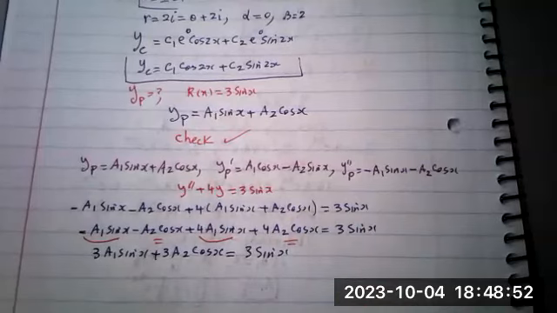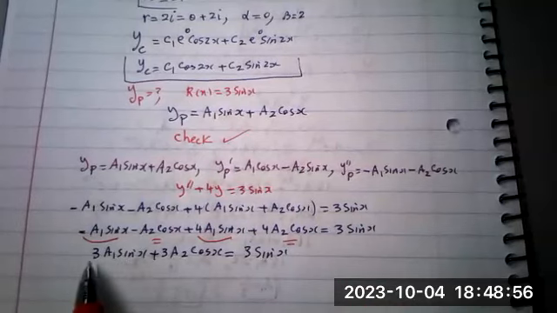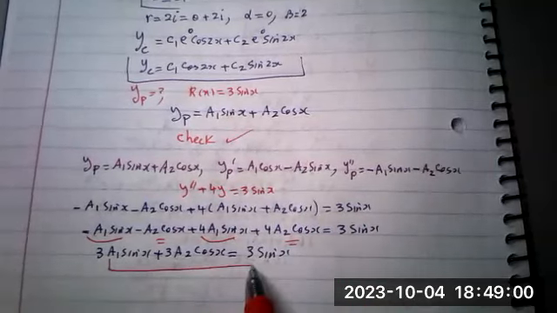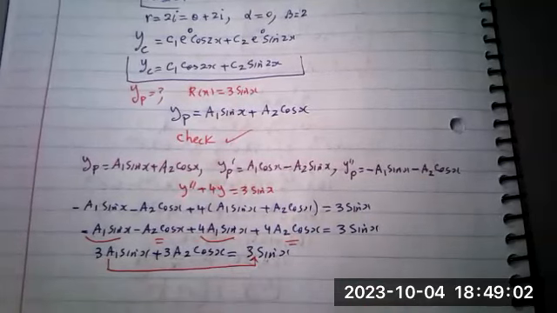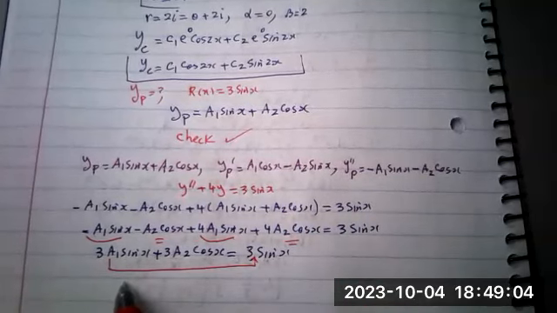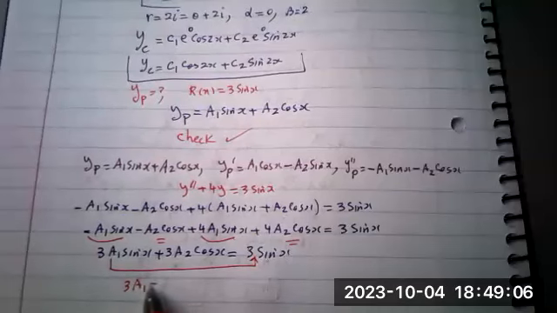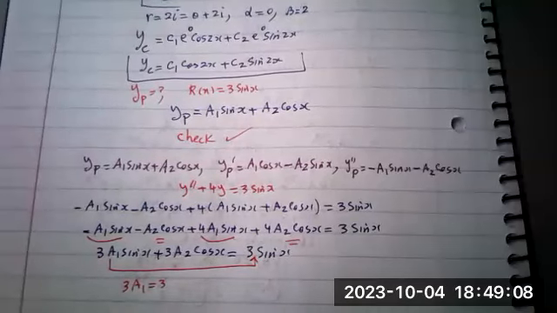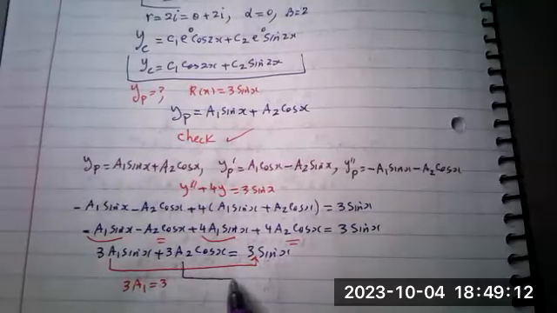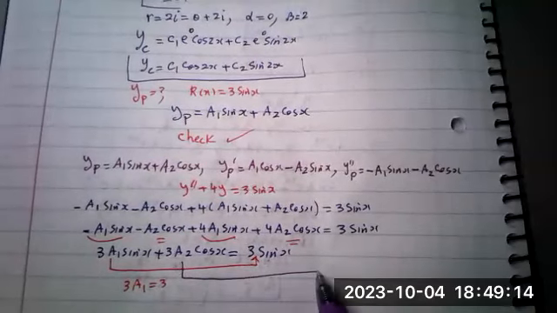Now as we did for the polynomials, the coefficient of the sine here is 3A1, and the coefficient of the sine on the other side is 3. So you let these two be equal to each other, that gives you 3A1 equal to 3. You do the same thing for the other one. The coefficient is 3A2, and there is no cosine on the other side.